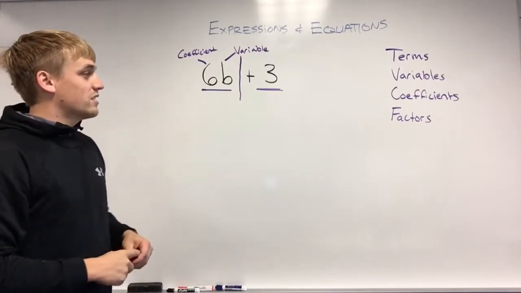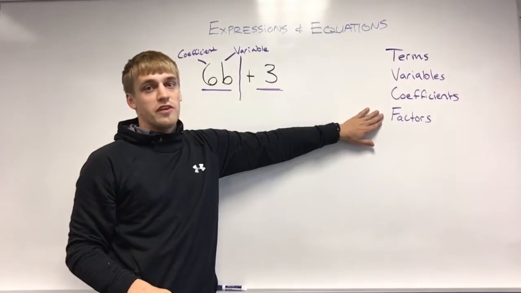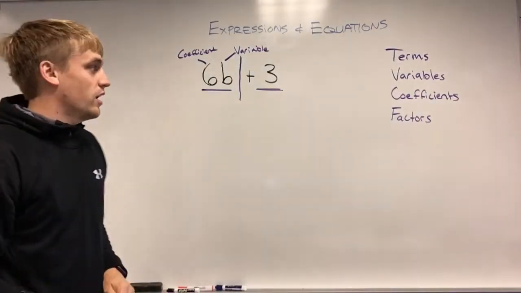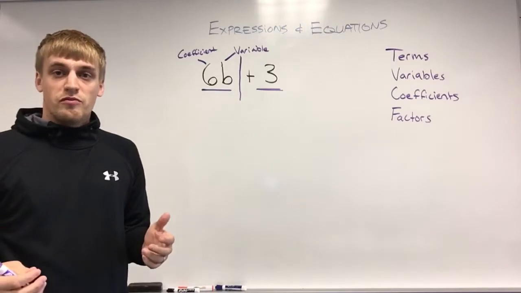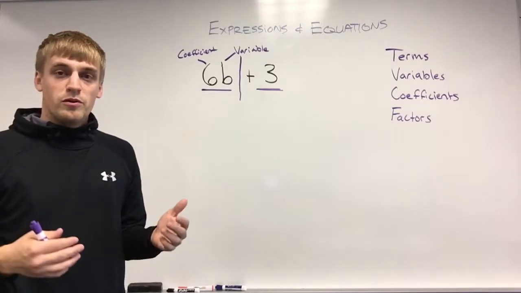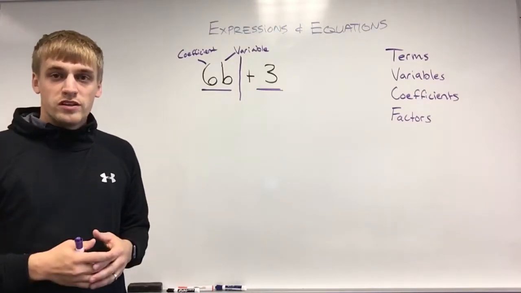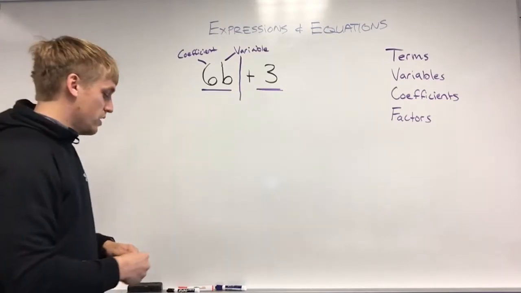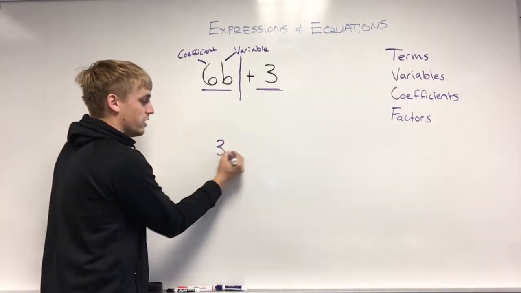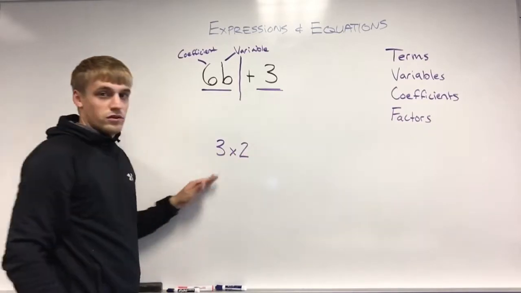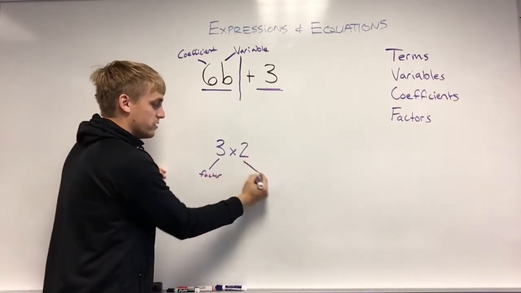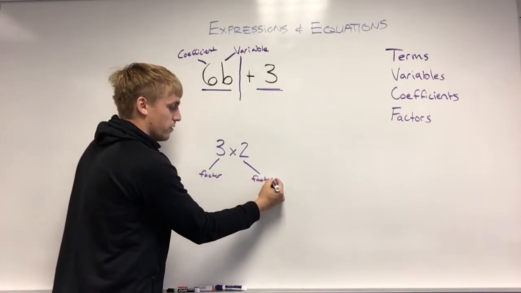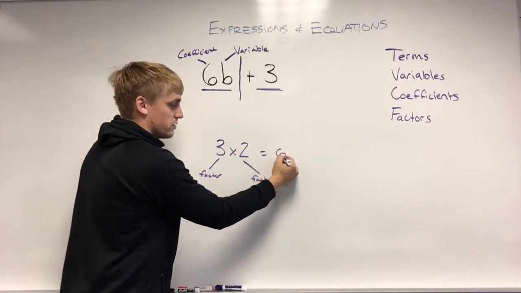Okay, the next thing is what we call factors. And factors are just like you've talked about before, or maybe you remember when you talked about multiplying numbers together. So if you took 3 times 2, this is a factor, and this is a factor of 6, right?